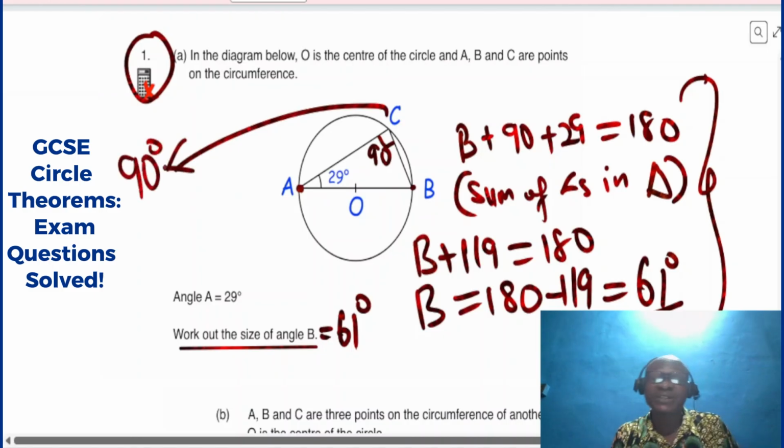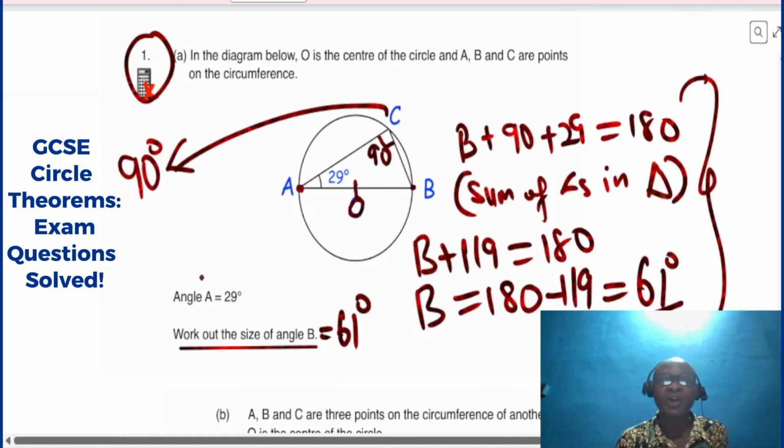That is the theorem. Without you knowing that theorem, that is the wonderful part of this circle geometry. You must know theorems. Without you knowing that angle in a semicircle, and that is why they even told you that this place is letter O. And they cut this line to prove to you that it is a diameter.